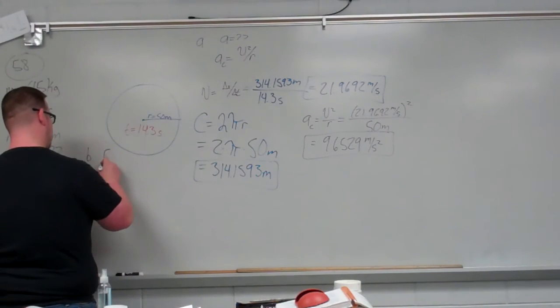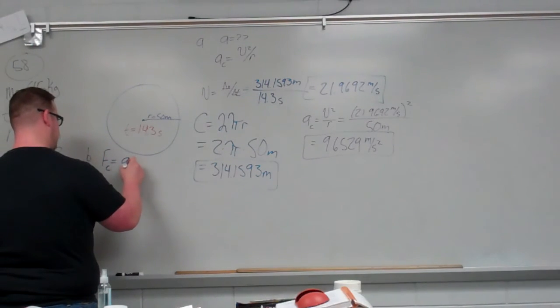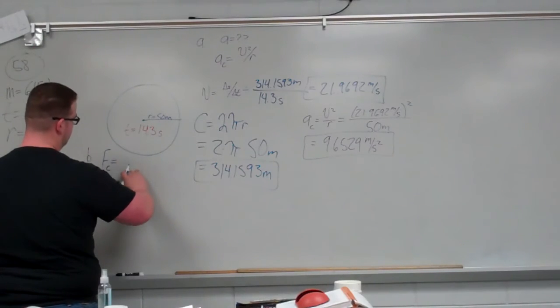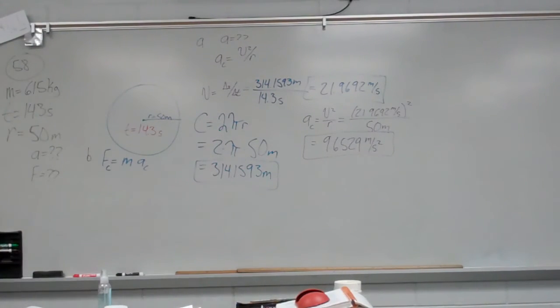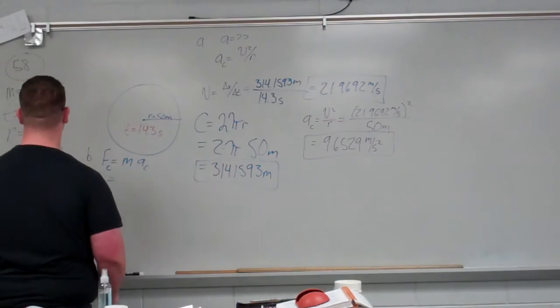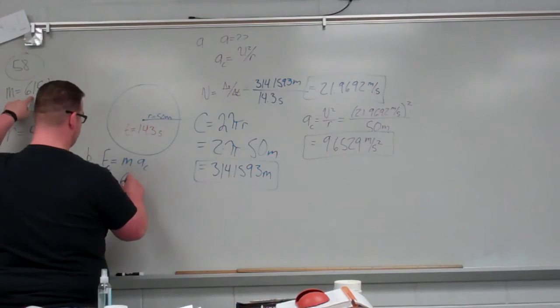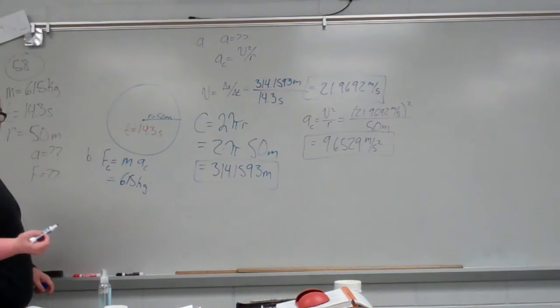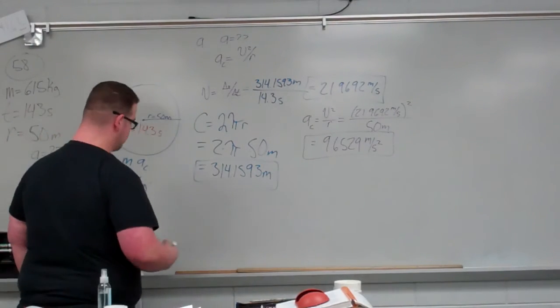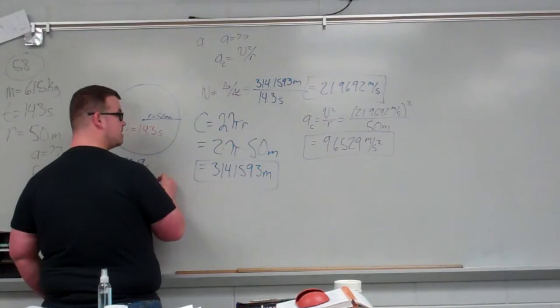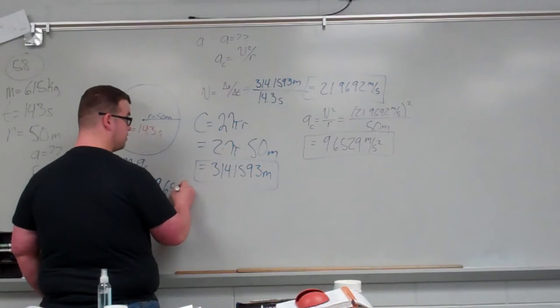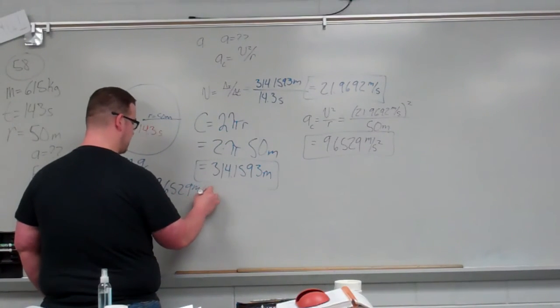Force is equal to mass times centripetal acceleration. So centripetal force equals mass times the centripetal acceleration. Mass, I was given to be 615 kilograms. That's good because I'm going to end up in newtons, so kilograms times meters per second squared. The centripetal acceleration, which we solved for in part A, is 9.6529 meters per second squared.